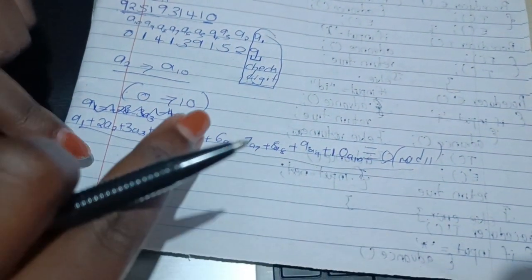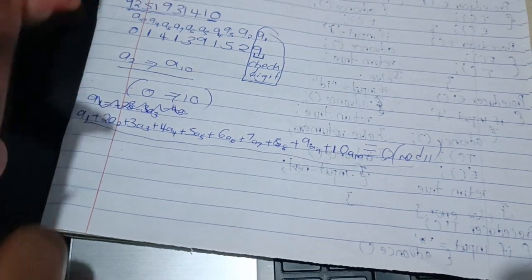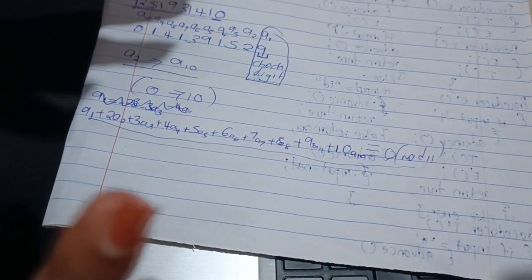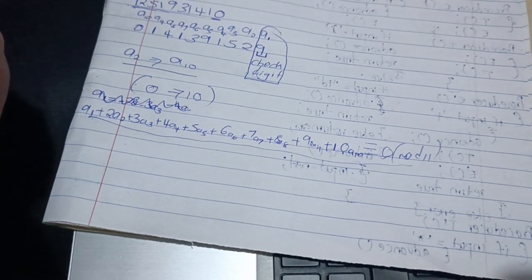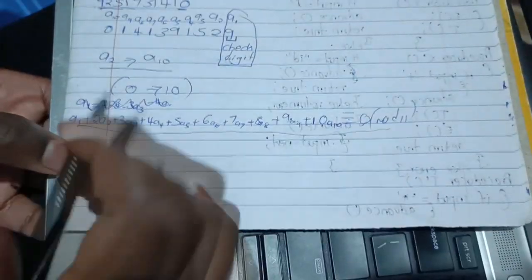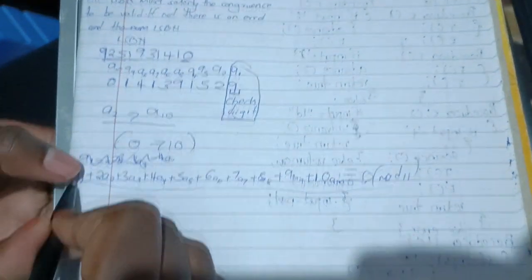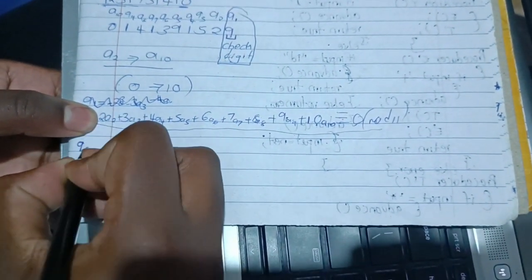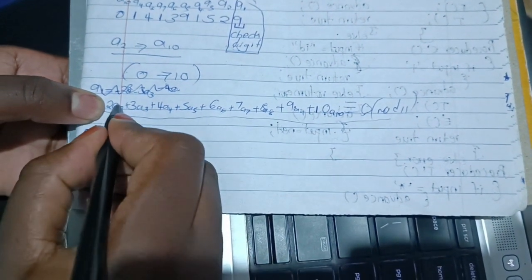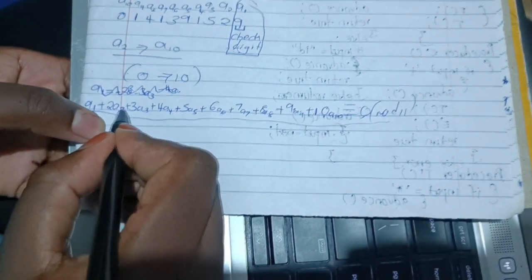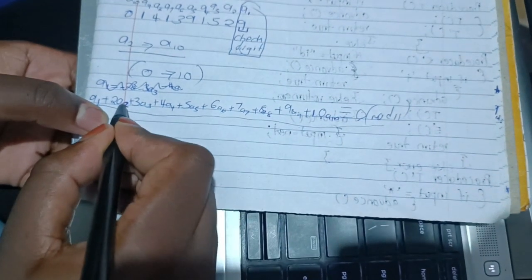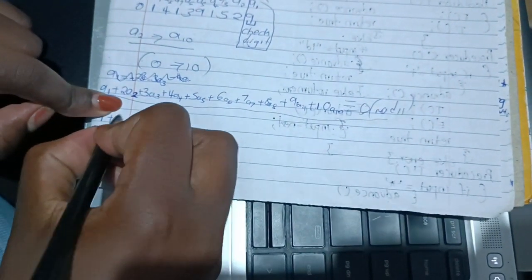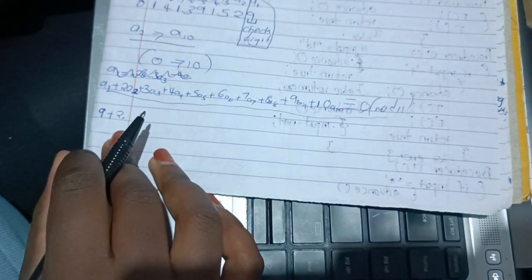If it satisfies them, then there's no error, and it's considered a correct ISBN. We start with A1, which was 9, so it's 9 plus 2 times A2.